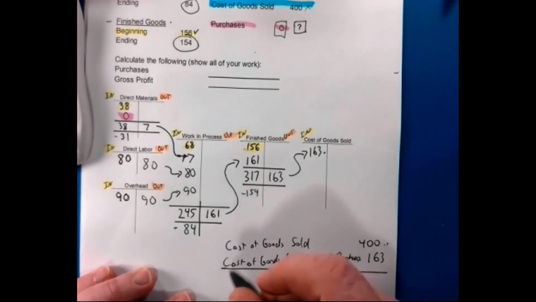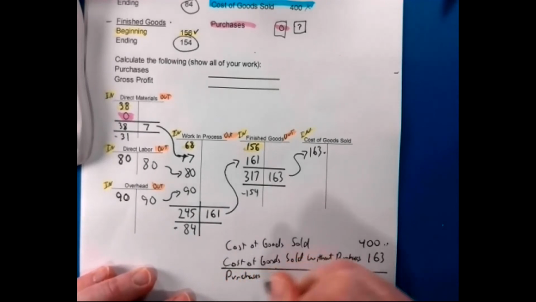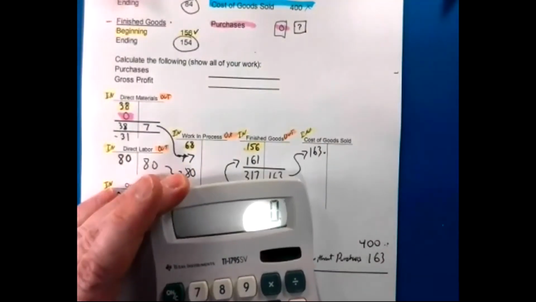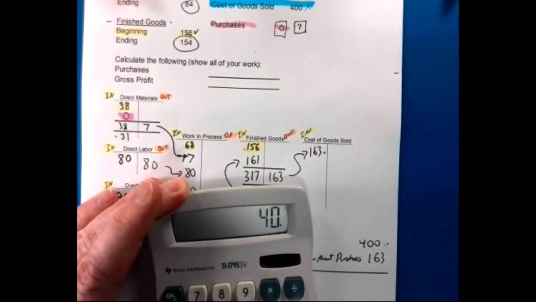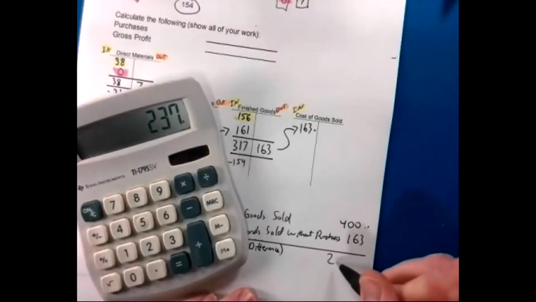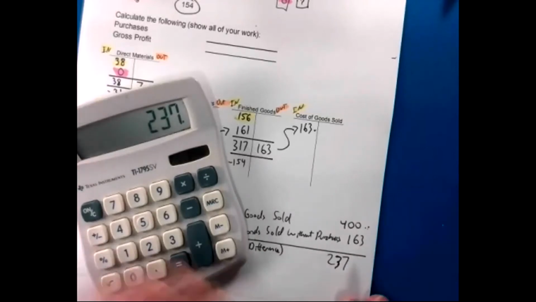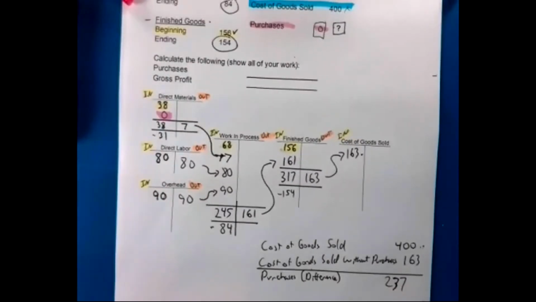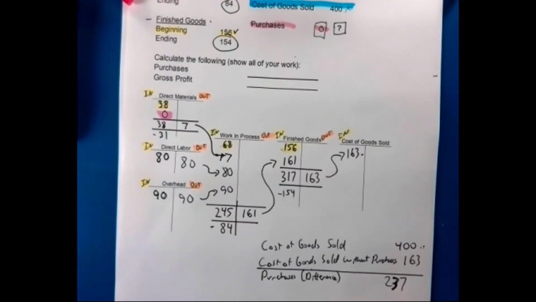So the difference here, purchases, is whatever that is. 400 minus 163, oops, 237. So our purchases should be 237. This is a missing number, so this would be what you put in here.